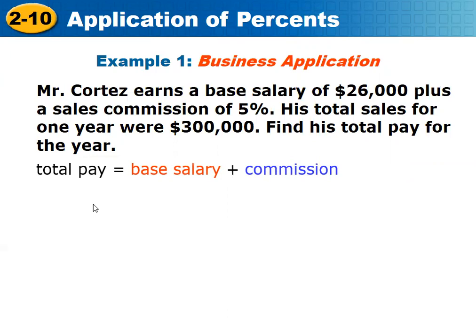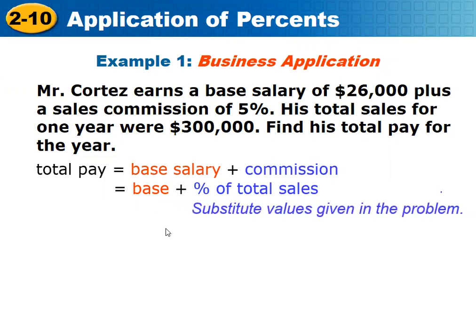It's very clear that the base salary was given, plus a percent of the total sales. He gave us the total sales in 1 year were 300,000, but he said also 5% of the total. Then you have the base salary plus the percent of the total sales.